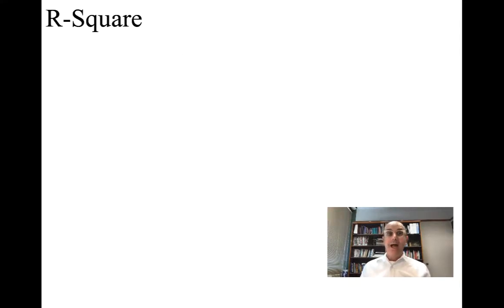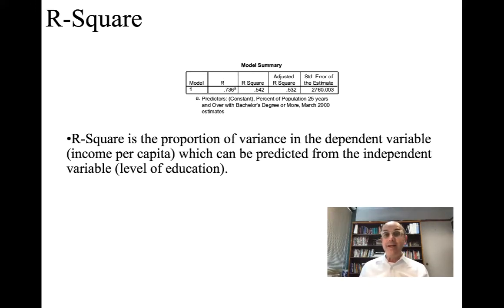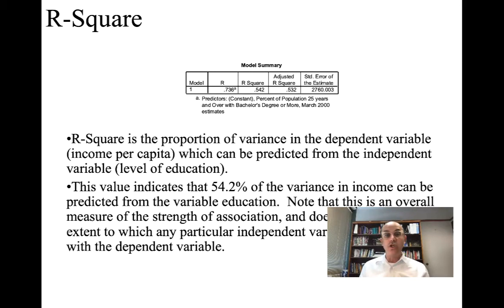We have another issue that we need to take, and it's not concerned with R, it's about the R square. The R square is the proportion of variance in the dependent variable that can be predicted from the independent variable, for example, the level of education.